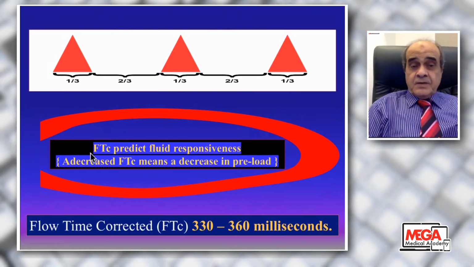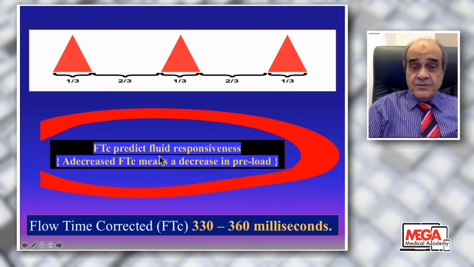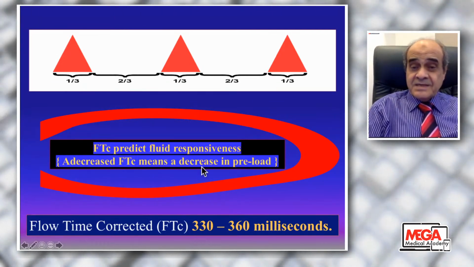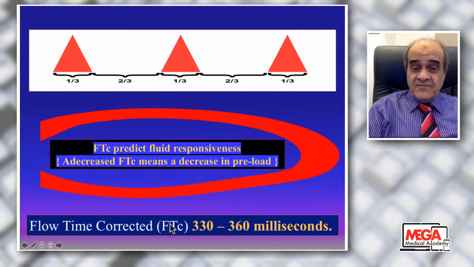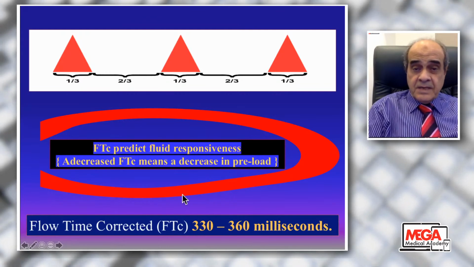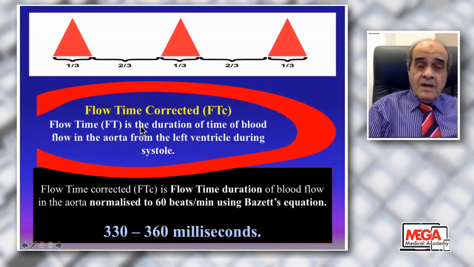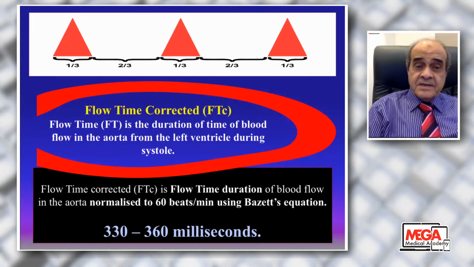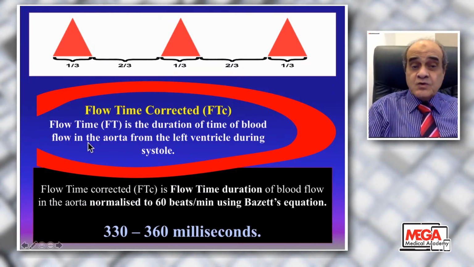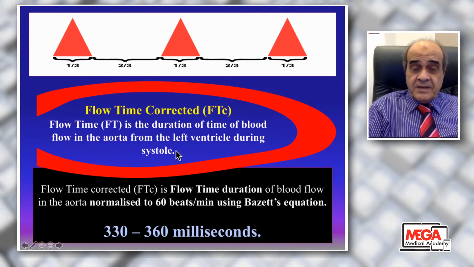And so the corrected flow time predicts fluid responsiveness. A decrease in it means a decrease in the preload, and the normal value is about 330 to 360 milliseconds. Flow time corrected is the duration of blood flow through the aorta from the left ventricle during systole.